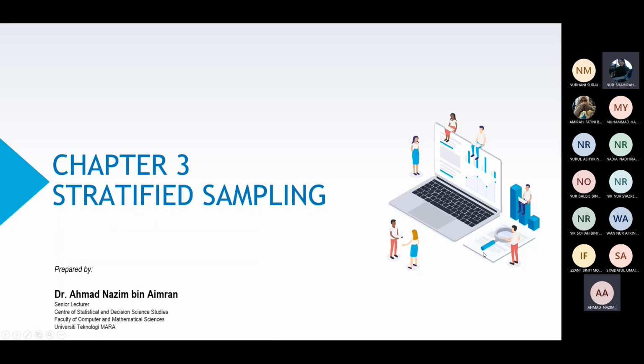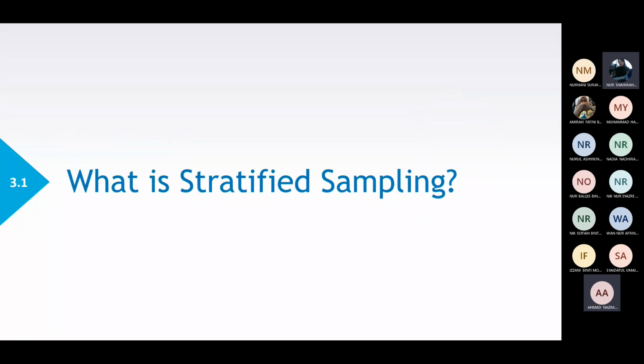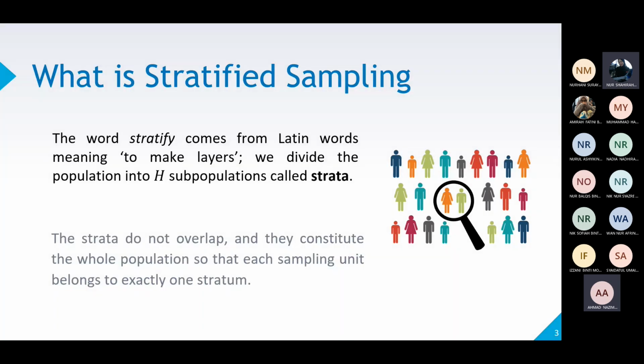Okay, this is the third chapter, stratified sampling. What is stratified sampling? Usually, we have supplementary information that can help us design our sample. For example, we would know before undertaking an income survey that men generally earn more than women, or people in Shah Alam pay more for housing than those who live in maybe Kota Baru, or rural residents shop for groceries less frequently compared to those who live in the urban areas.